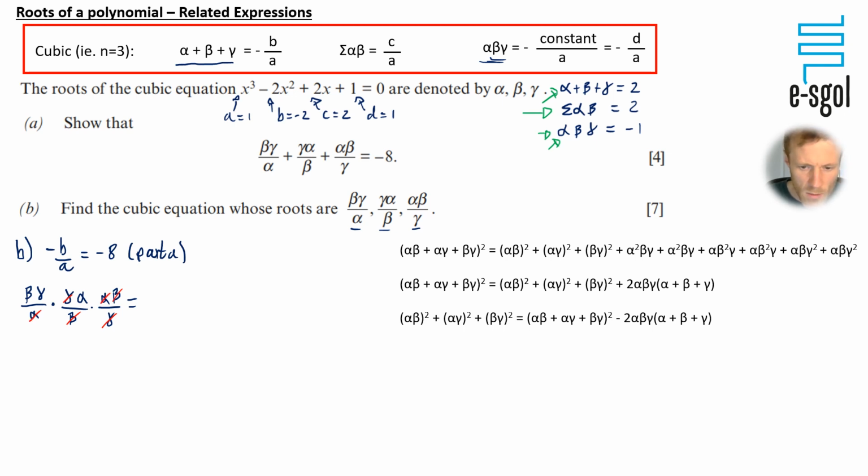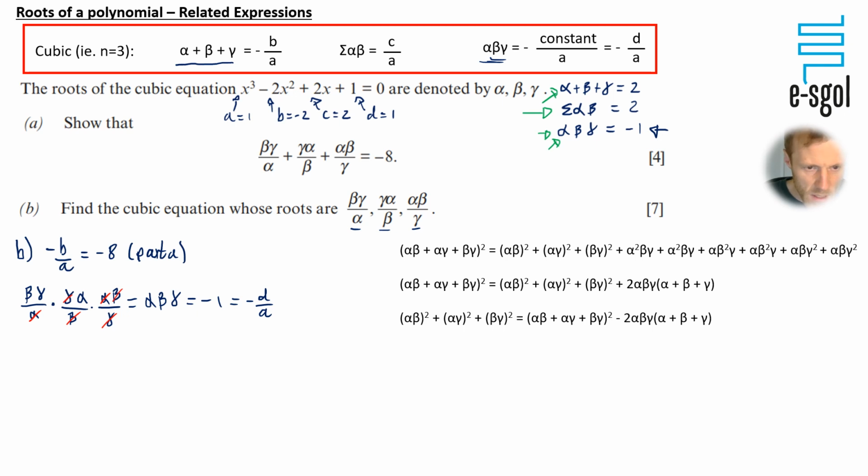So what are we ending up with here? It looks like it's alpha beta gamma. Well, alpha beta gamma is up here, and it's still using the same alpha, beta and gamma as before, so we know that this equals -1, and the product of our roots is -d over A. So those two bits are quite straightforward.